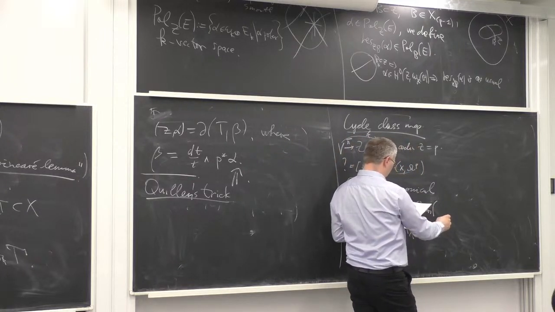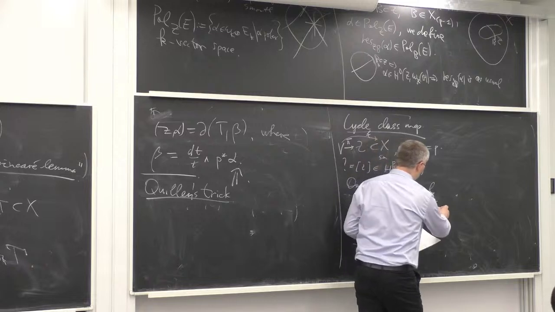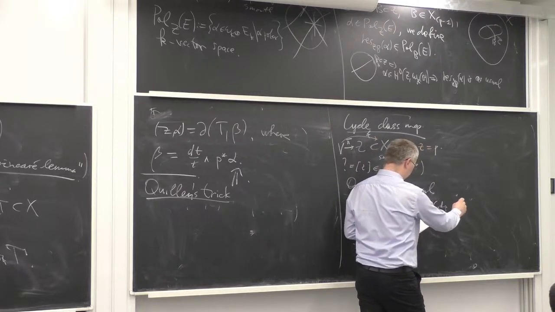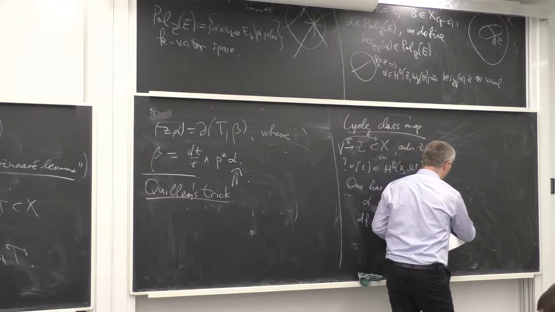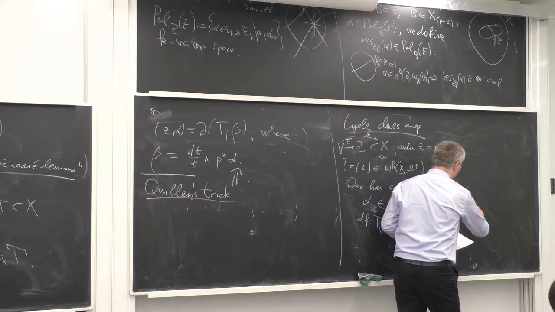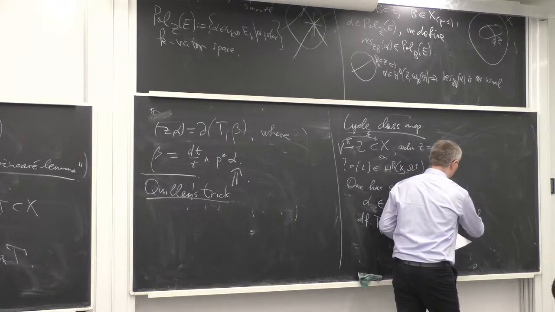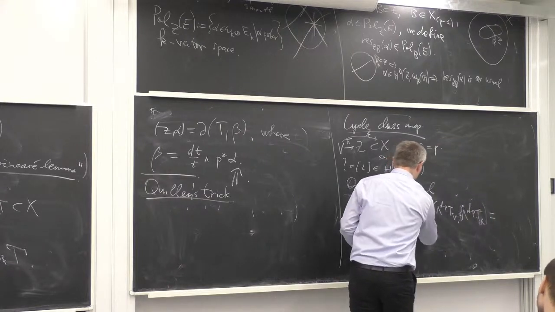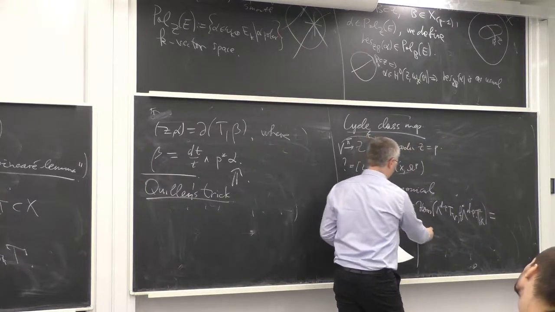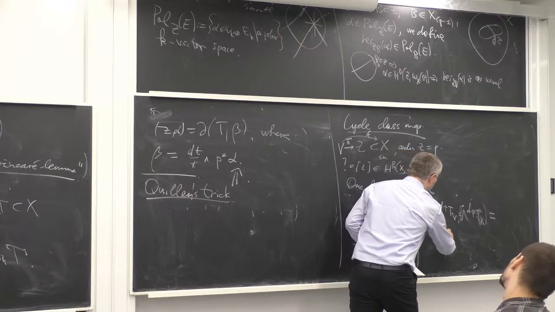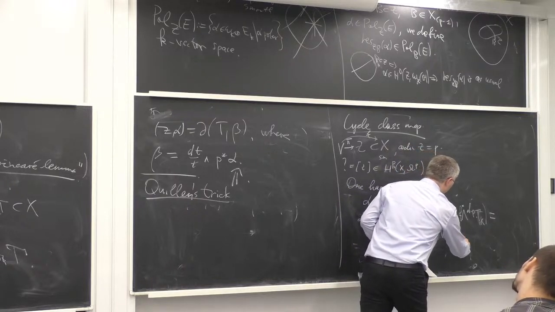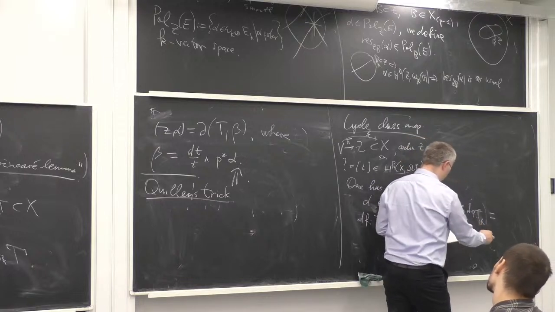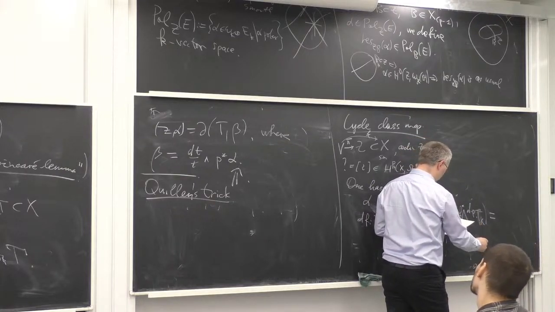From wedge d minus p of TV to the pullback of wedge d minus p of TX. This is the same as H^0 of V, Omega_V tensor this thing.